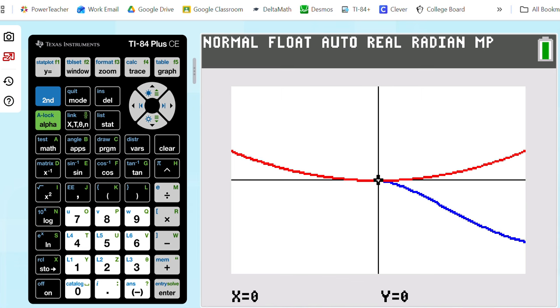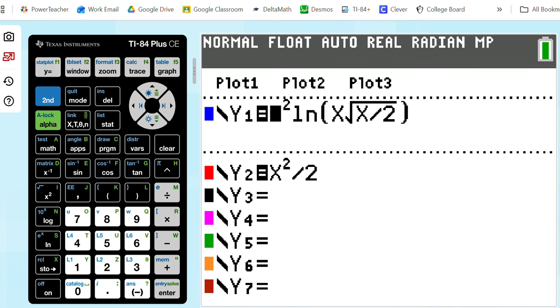And if you think about the equation itself, the x squared natural log of x times the square root of x over 2, I mean, x squared is a positive number, and if I'm taking the natural log of x times root x over 2, I can't imagine that that's going to end up being a negative value.